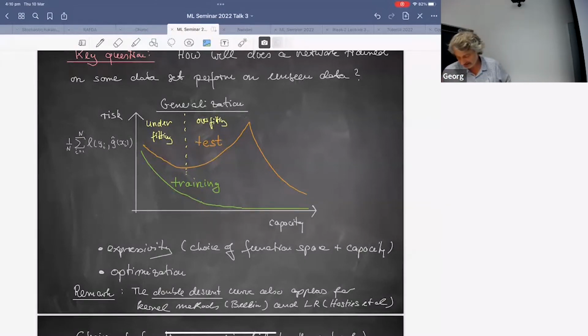That's a recent paper. I haven't read it yet, but this double descent is not just a property of deep networks. It also occurs in kernel methods.